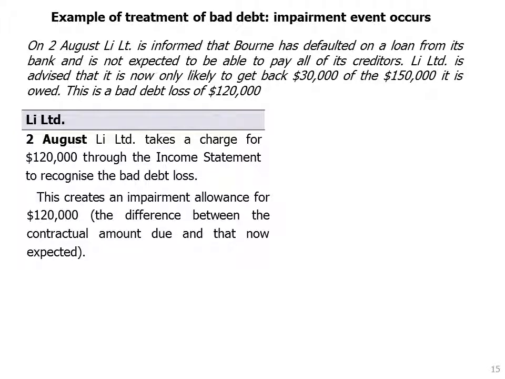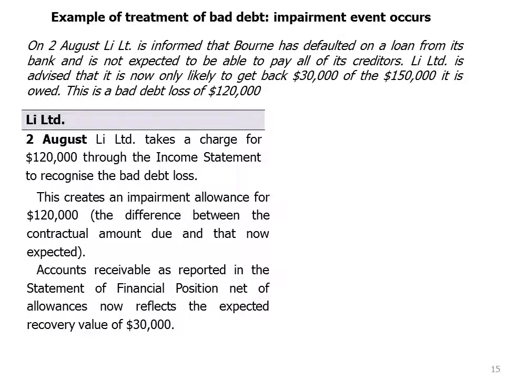This creates an impairment allowance for $120,000, the difference between the contractual amount due and that now expected. And accounts receivable is reported in the statement of financial position net of allowances and now reflects the expected recovery value of $30,000. There will be no changes on the accounts payable side for Bourne, although that will all come under the control of the administrators in due course.